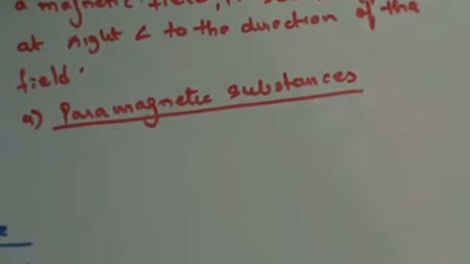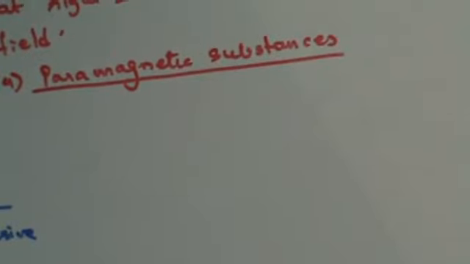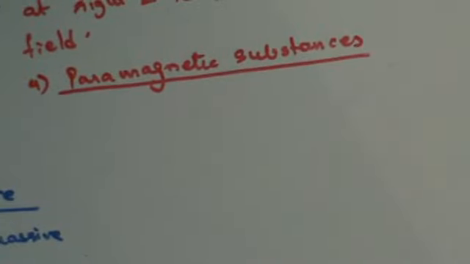In some substances, it so happens that the magnetic dipole moments associated with each atom do not cancel out. As a result, each atom of the substance has a resultant dipole moment, and such substances are called paramagnetic substances.